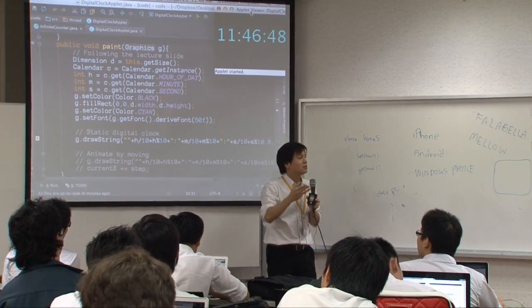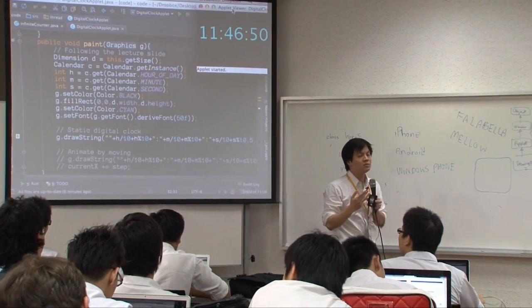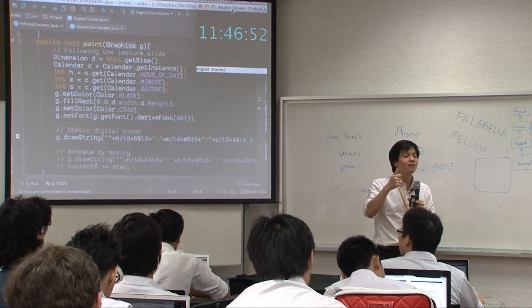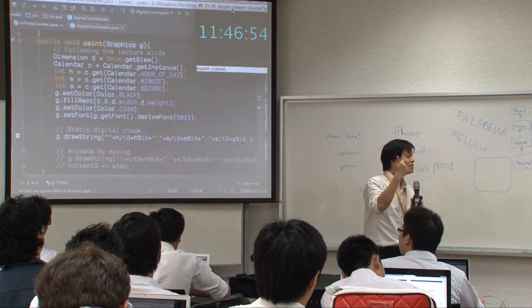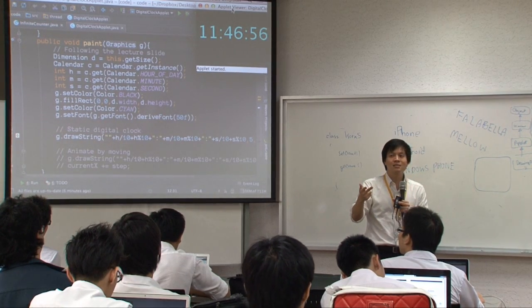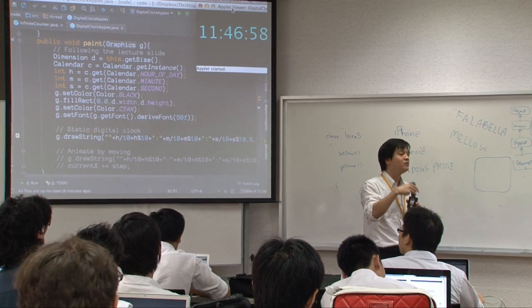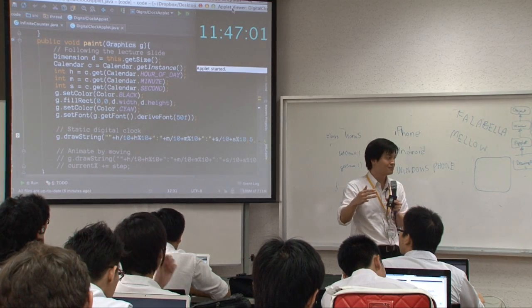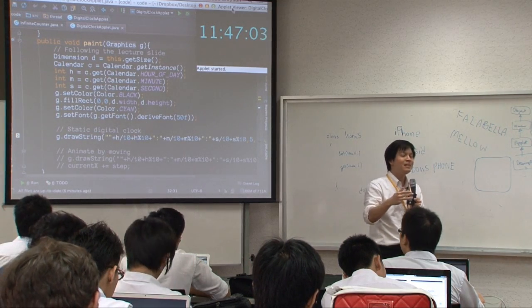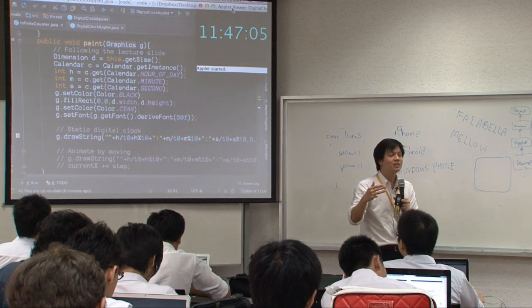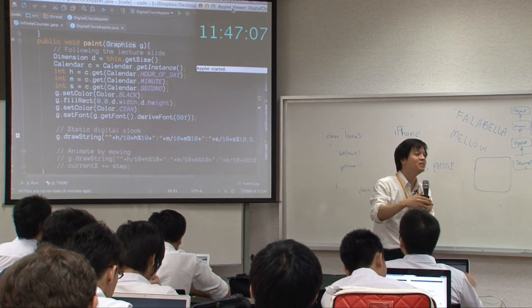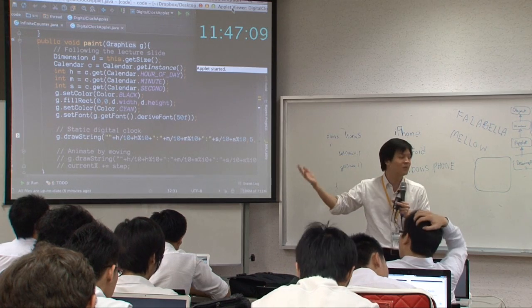If you consult the JavaDoc of the Calendar class, you run into the methods getHours, getMinutes, getSeconds. But at the same time, if you look at the JavaDoc, it will say deprecated. Deprecated means it will not be continued in later versions of Java.